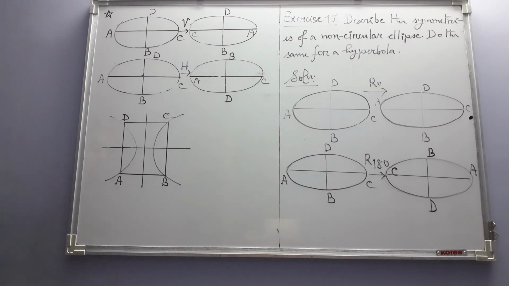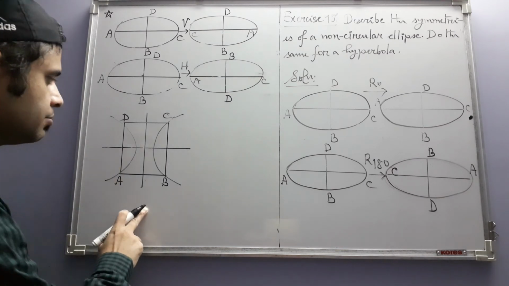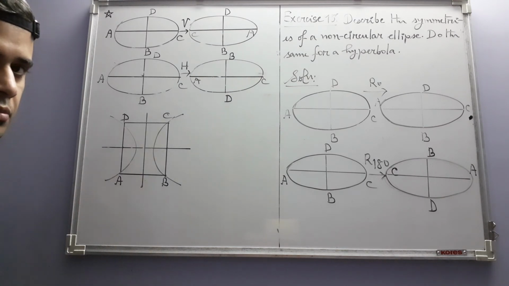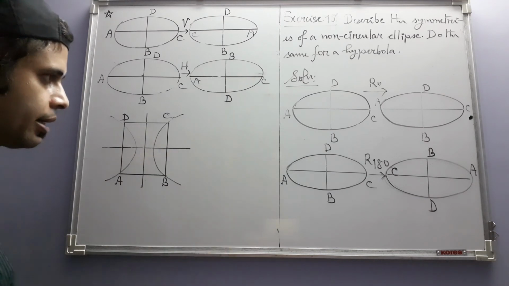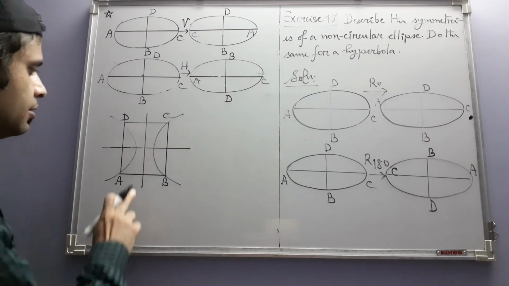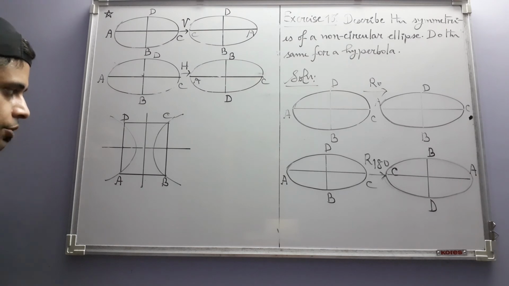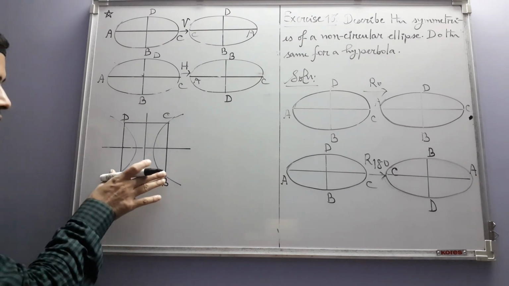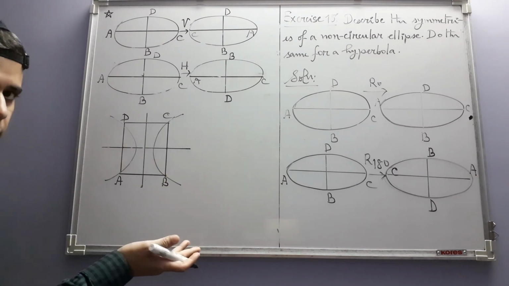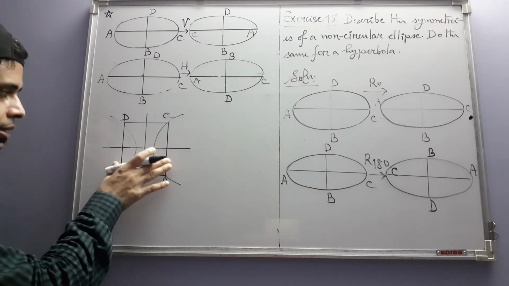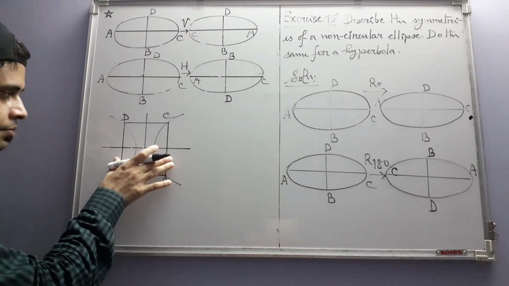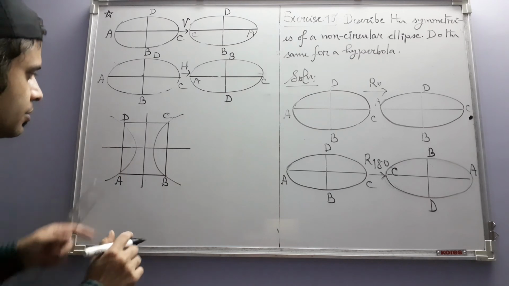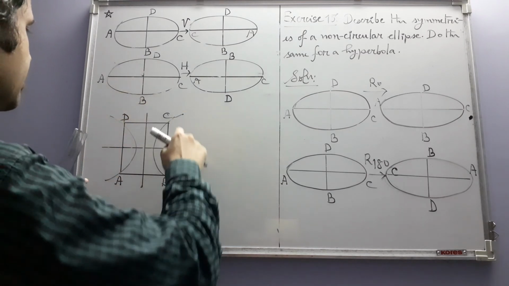So according to me, there will be 4 symmetries. Just like a rectangle has 4 symmetries, this one also will have 4 symmetries. One of them will be, of course, identity. The other will be achieved by performing a 180-degree rotation.